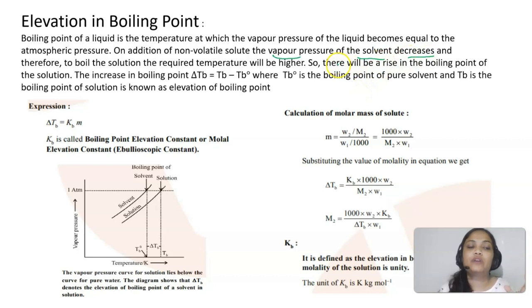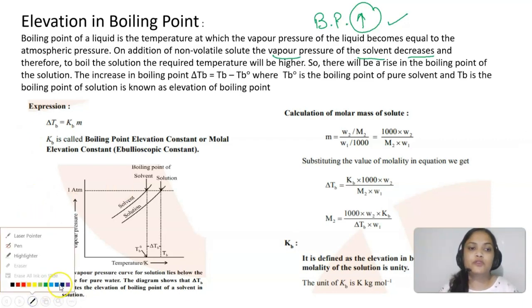So it means if I want to boil the solution, I need to now heat it to a higher temperature, because vapor pressure has lowered. To make it equal to atmospheric pressure, I need to heat it more. It means the boiling point of that solution would increase. So that is what we call as elevation in boiling point. Now the expression for elevation in boiling point you can see from here.